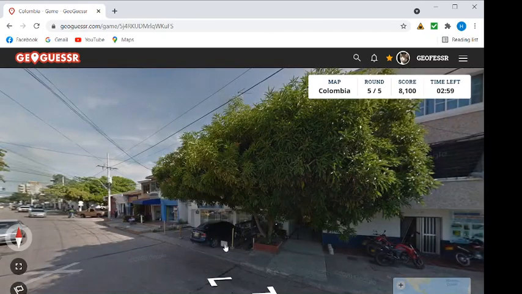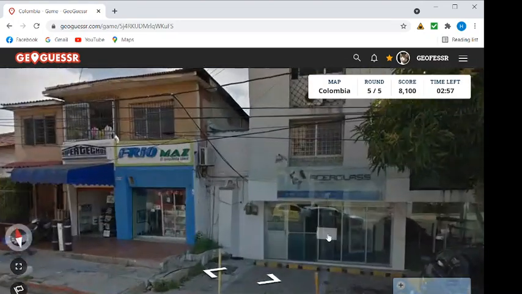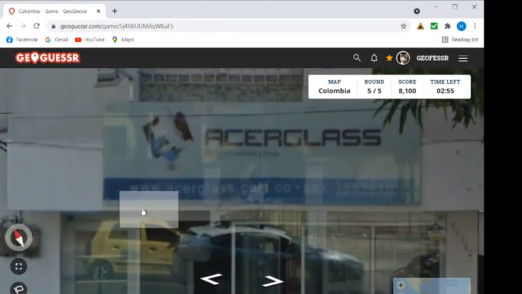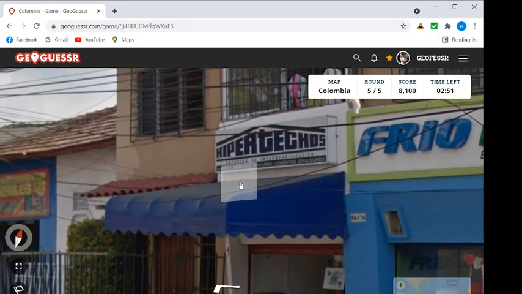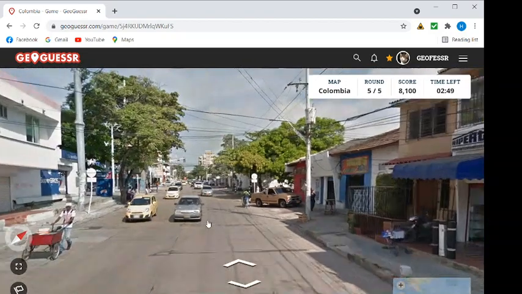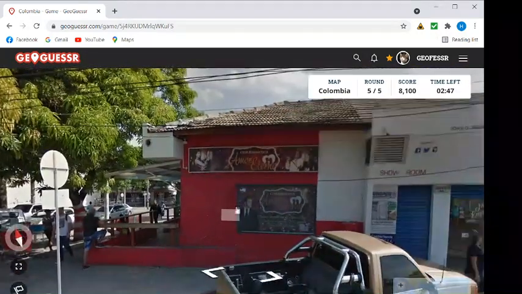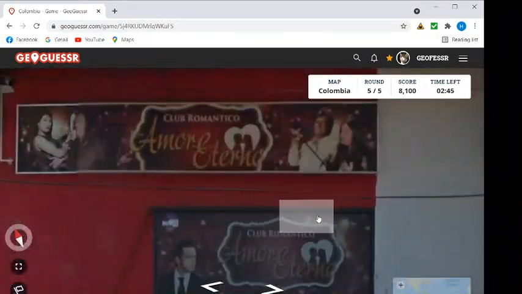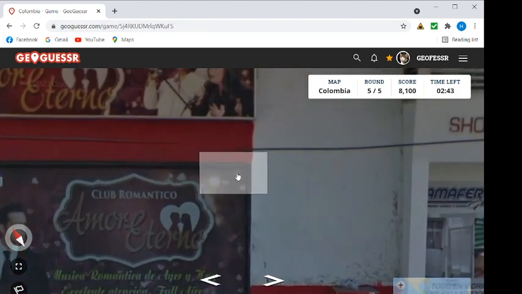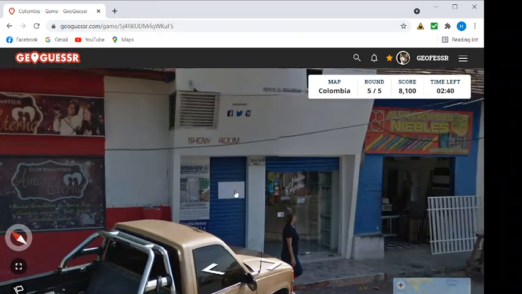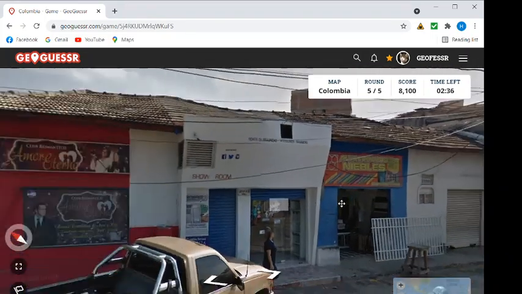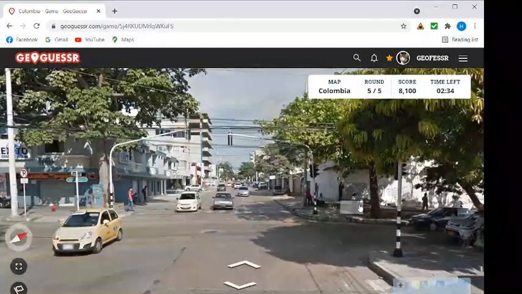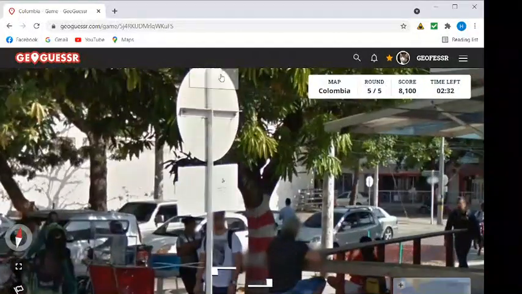Okay, last round. Okay. So this looks like it could be a smaller urban center, right? Yeah, there's the Colombian sign back again.